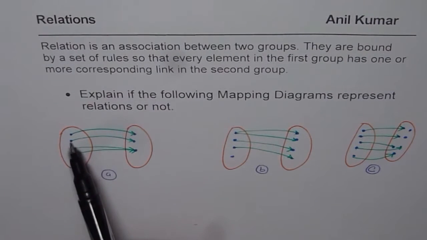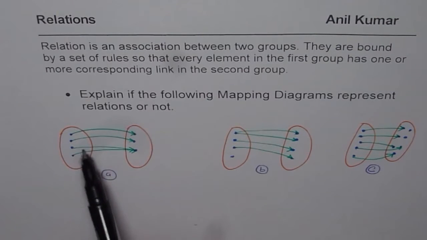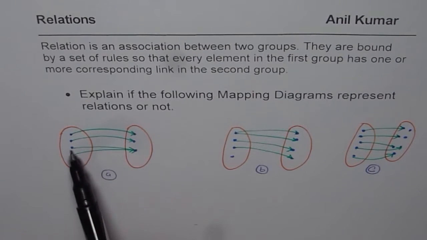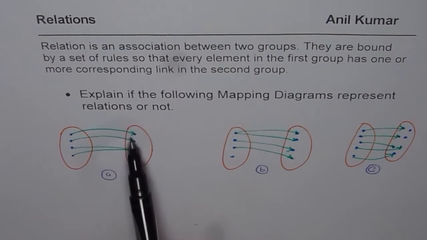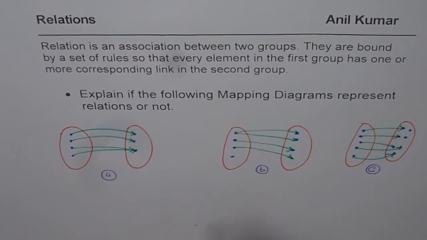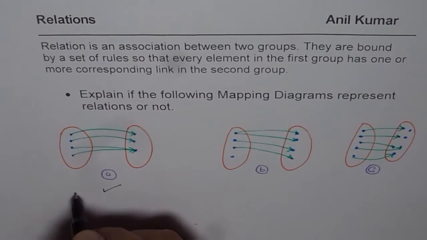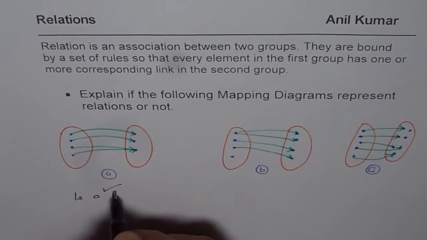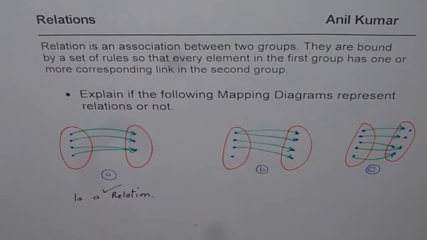Here all the four elements in the first group are linked with the second. The association could be one or more. So that means A is a relation. Correct.